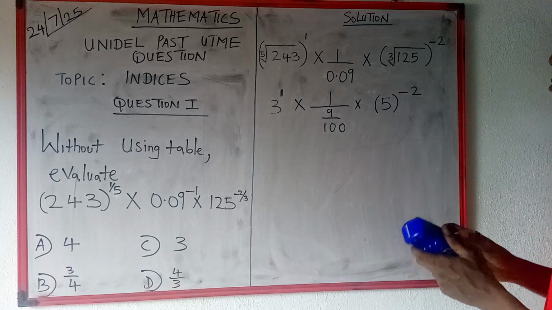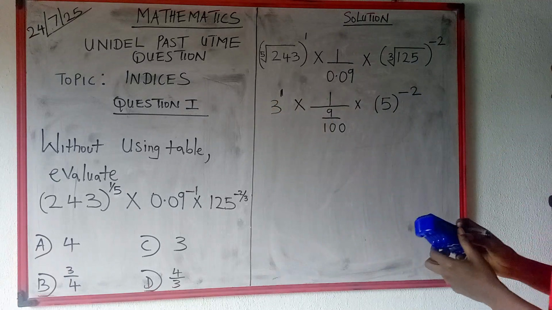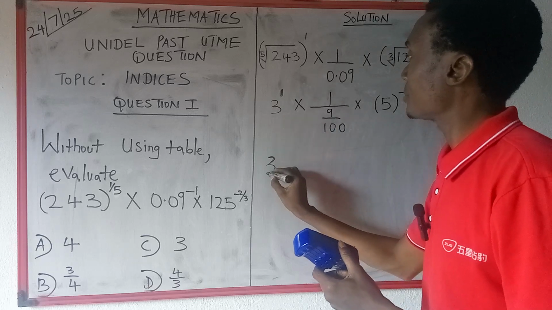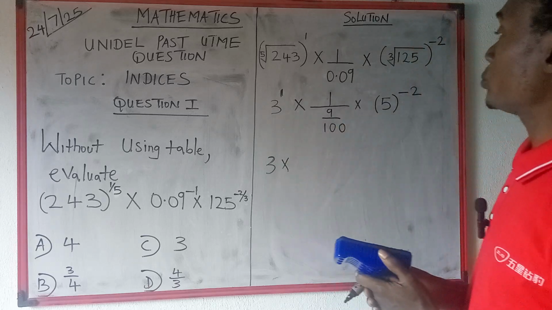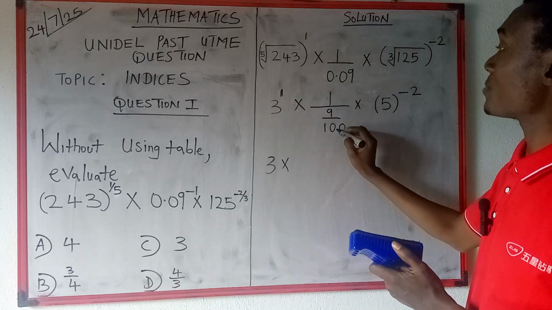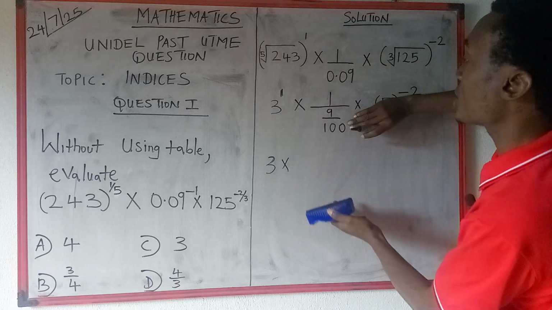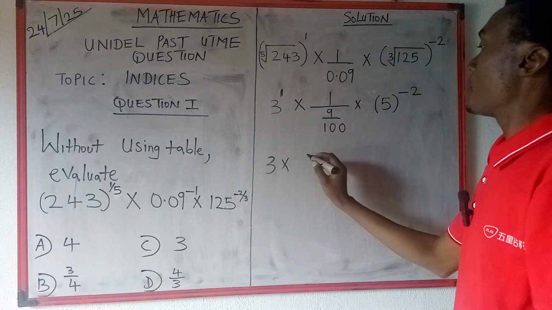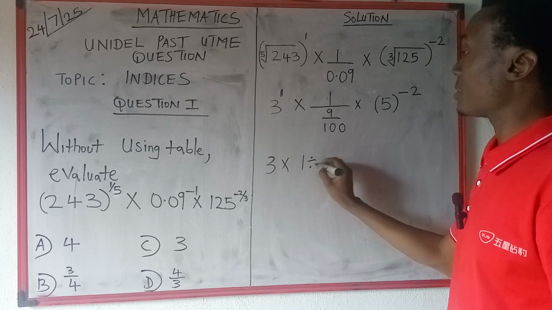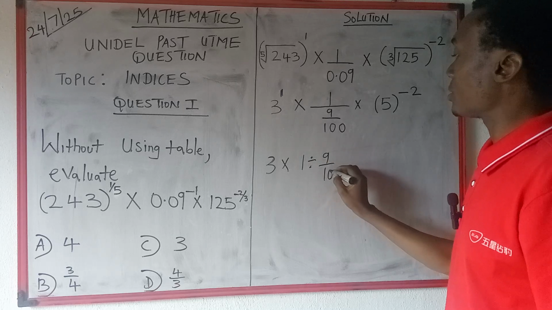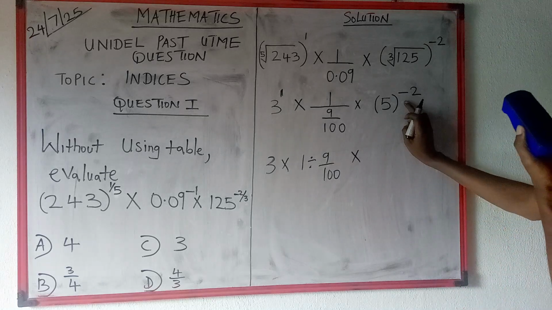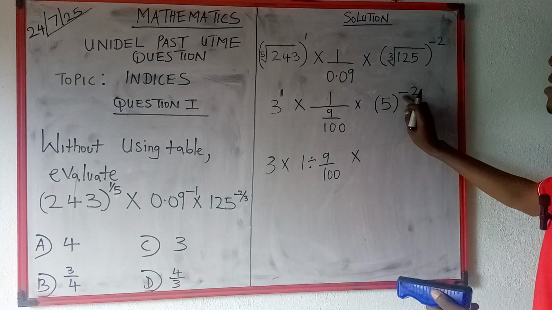3 raised to the power of 1 is the same thing as writing 3. Take note, this is a reciprocal. Since it is a reciprocal, 1 divided by 9 over 100, the 100 is going to swap up. Or preferably you can still do it like this: 1 divided by 9 over 100. This is 5 raised to the power of minus 2.